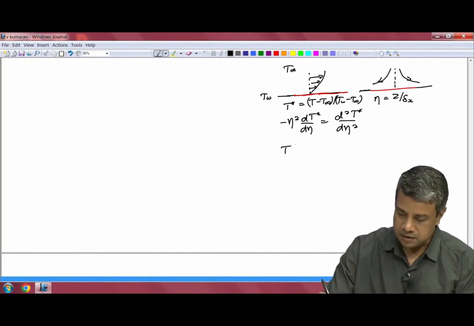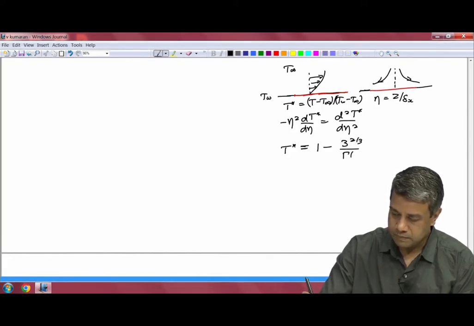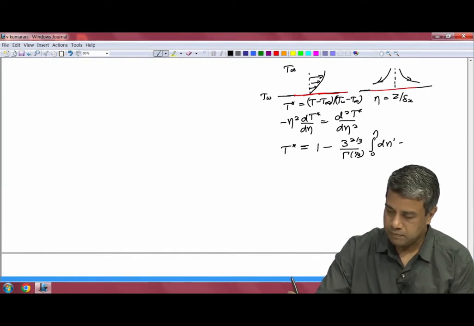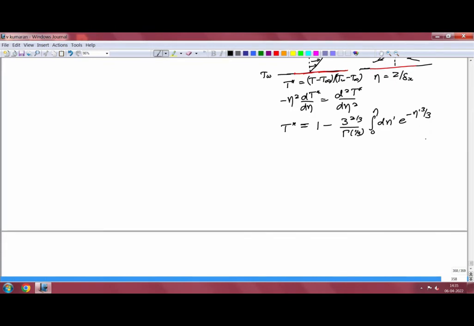The temperature T star was equal to the expression that was the solution of that equation.